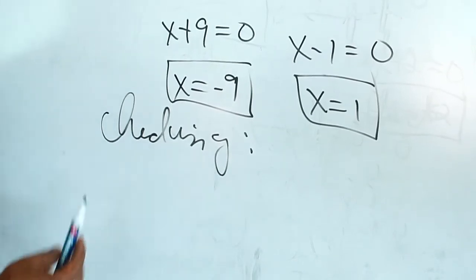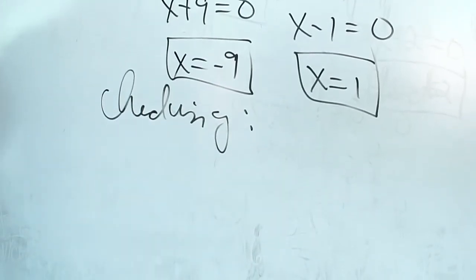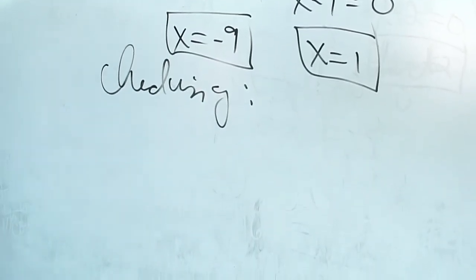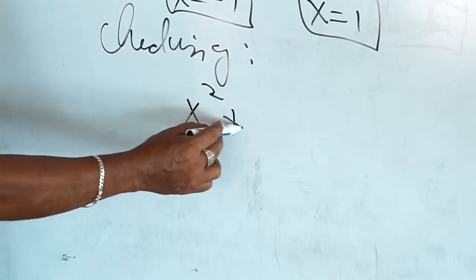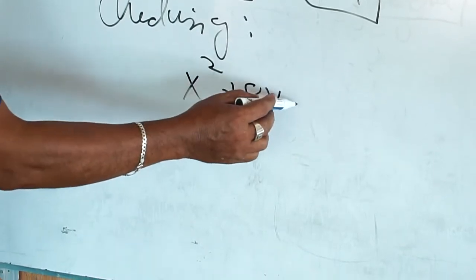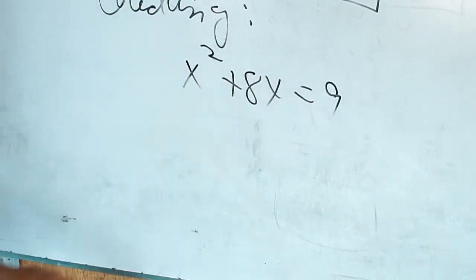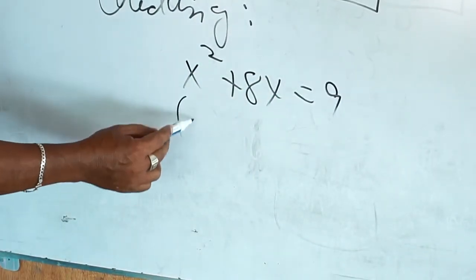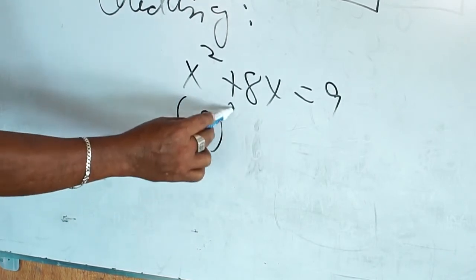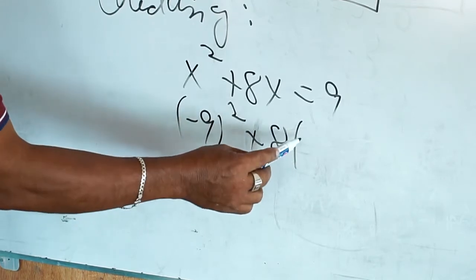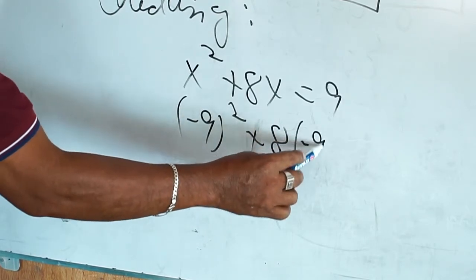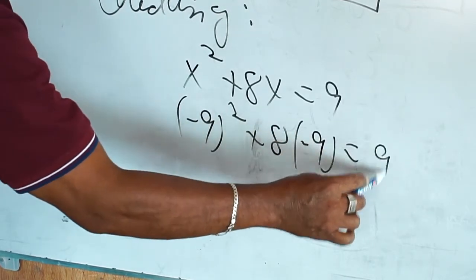We use the first element, that is, the value of x is negative 9. So x squared positive 8x equals 9. The value of x is negative 9 squared, then positive 8 multiplied by negative 9 is equal to 9.